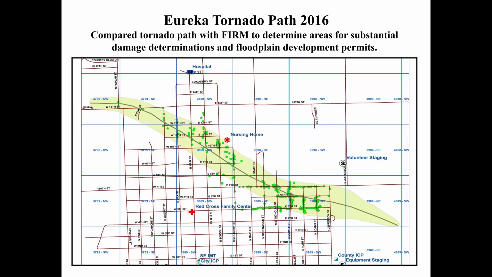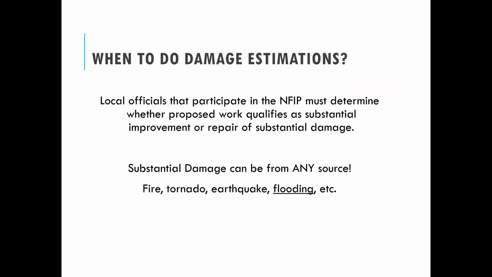And of course, if something like this happens, you should let us know immediately, and we are available to assist with any disaster recovery efforts. These were inundated and damaged by the tornadoes. Basically, if you're in the NFIP, you are required to do these assessments.